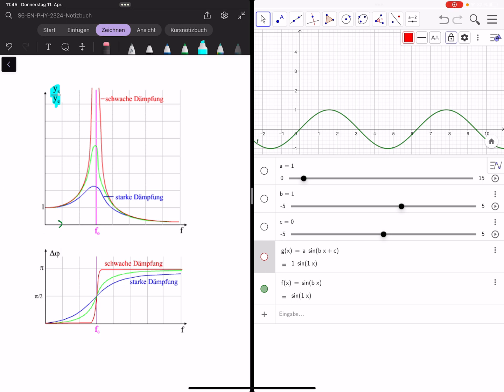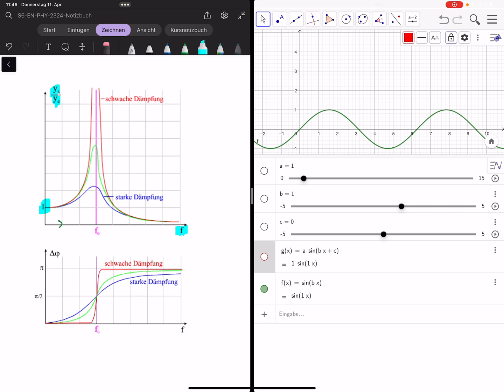What we've seen in the experiment before is that when that is really low, we have a ratio of both amplitudes that is 1. And that's what we've seen before, that the amplitude of both systems is more or less equal.